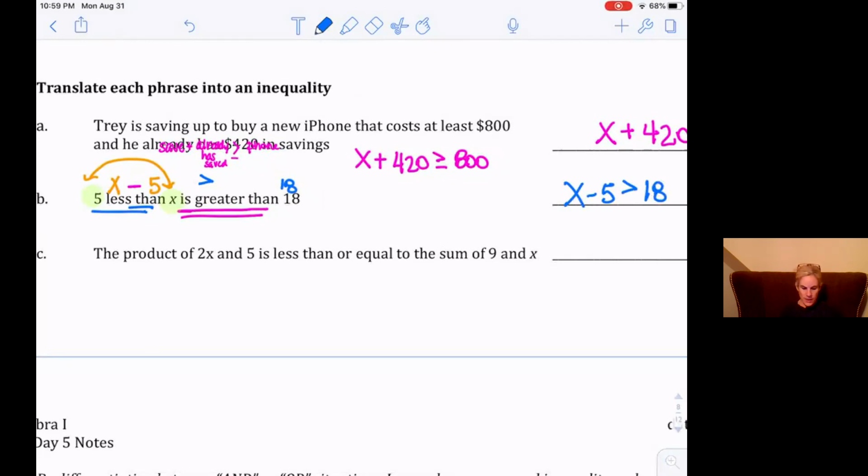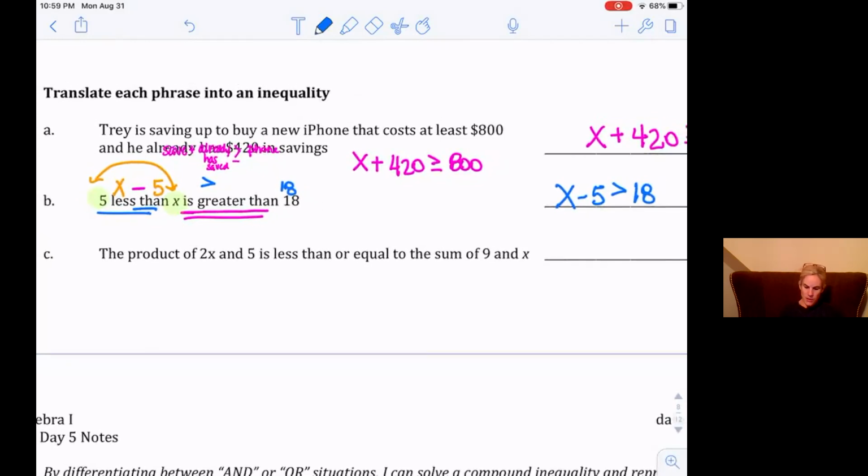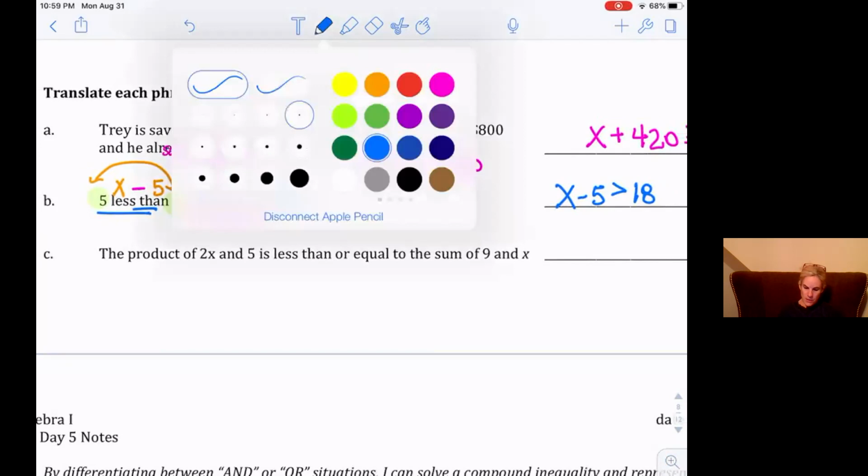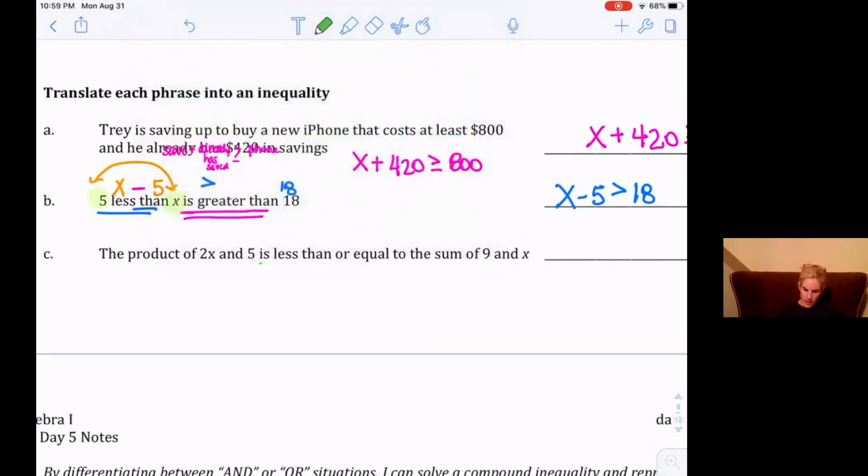All right, for C, C says the product of 2 and x is less than or equal to the sum of 9 and x. So for this one, I'm reading is less than or equal to. The product of 2x and 5.